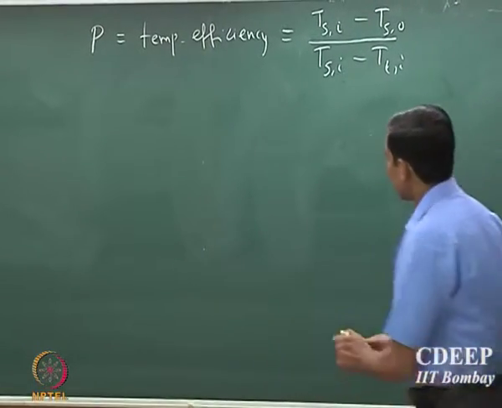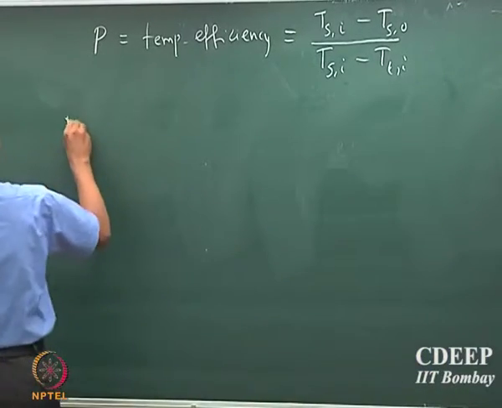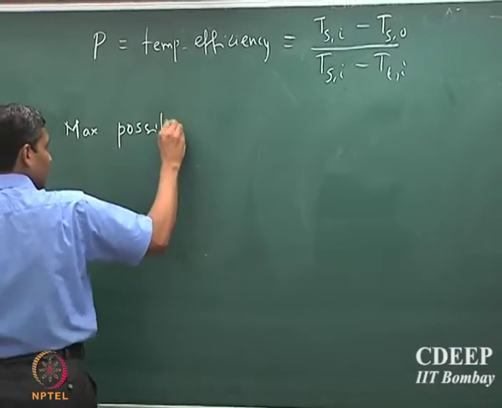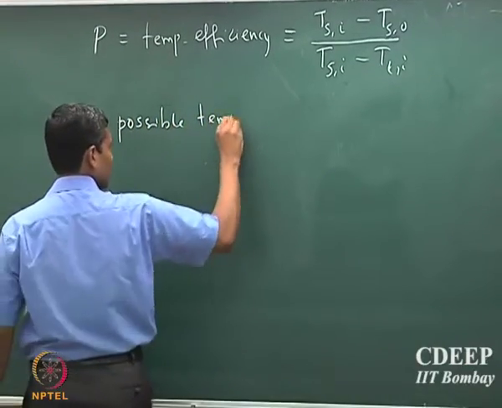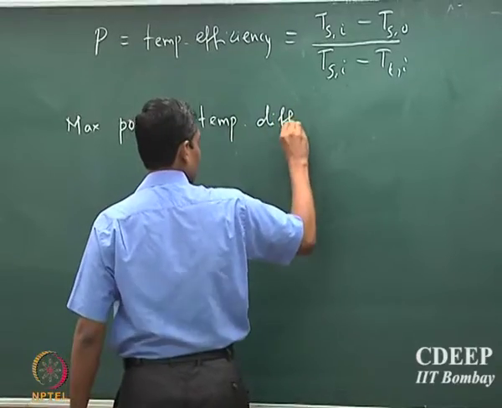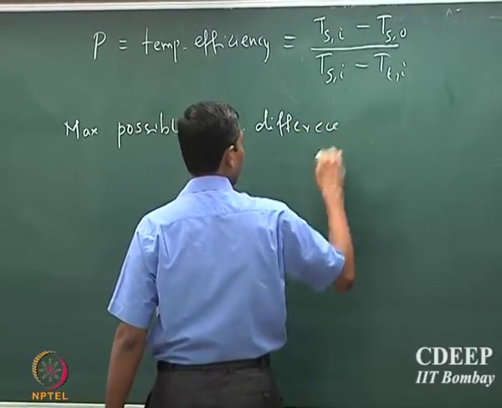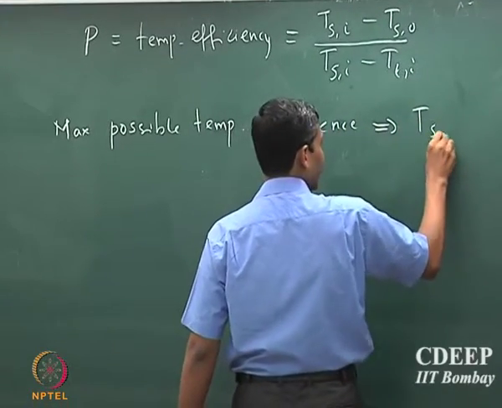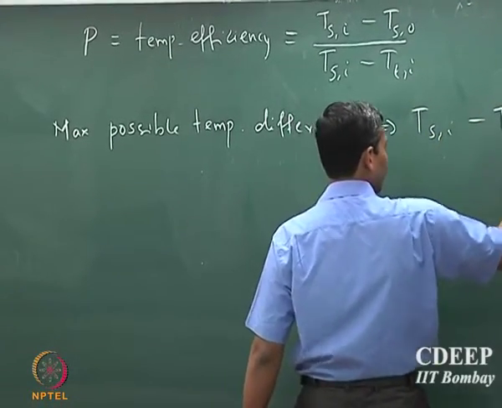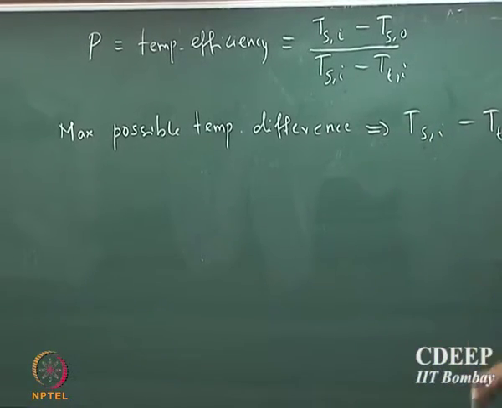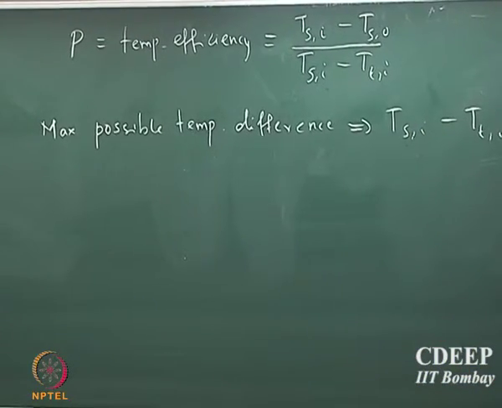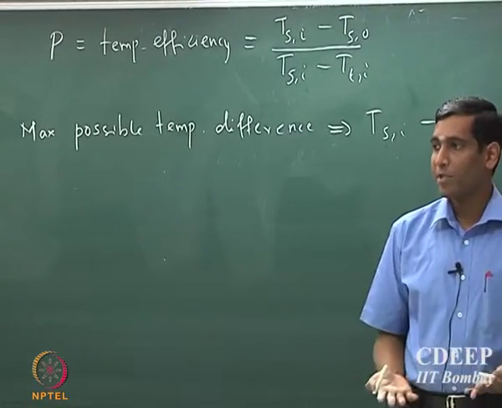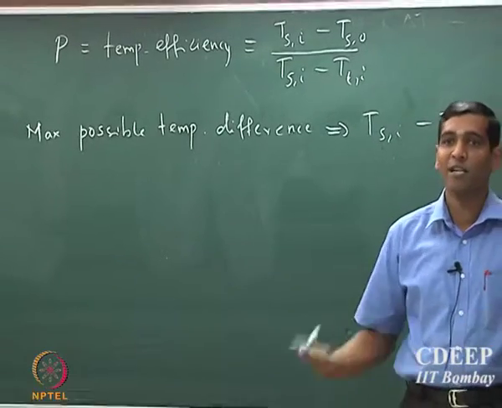The maximum possible temperature difference is Tsi minus Tti, where S stands for the shell side and T stands for the tube side. So the difference in the inlet temperatures is the maximum possible temperature difference in the heat exchanger. That is the theoretical maximum.